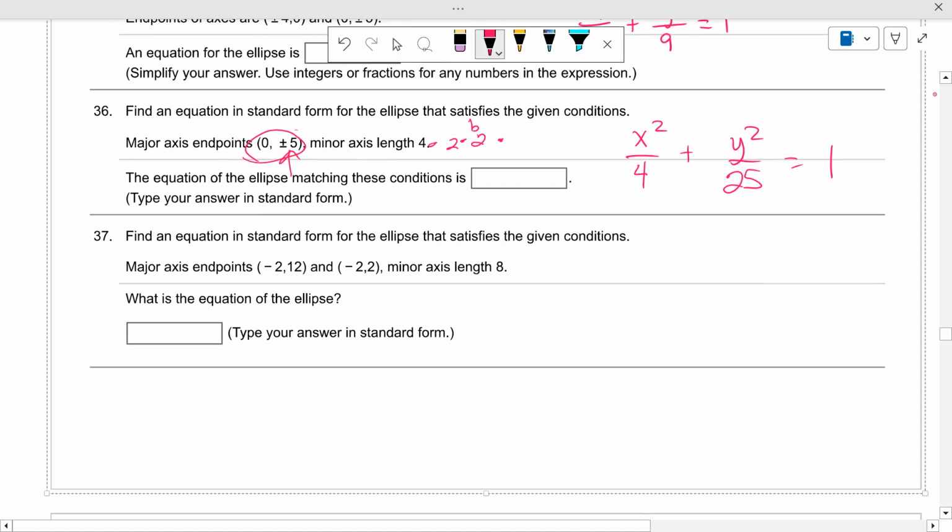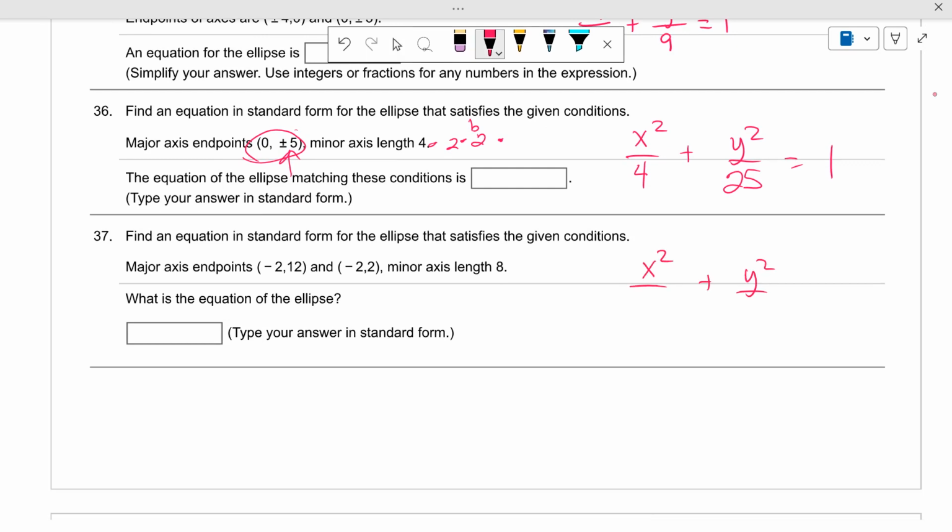Okay. Another ellipse. So it's x squared over something plus y squared over something equals 1. Okay. How far apart are 12 and 2? 10. So the major axis length is 10. So we have to go half of that. What's half of it? 5.